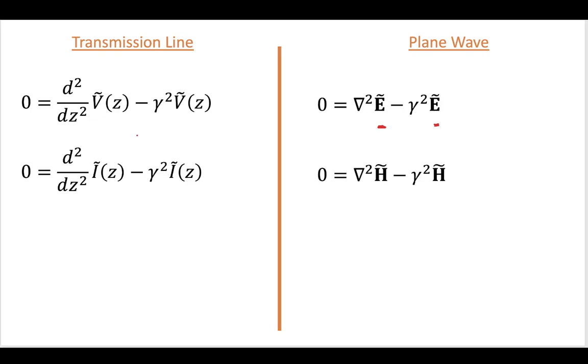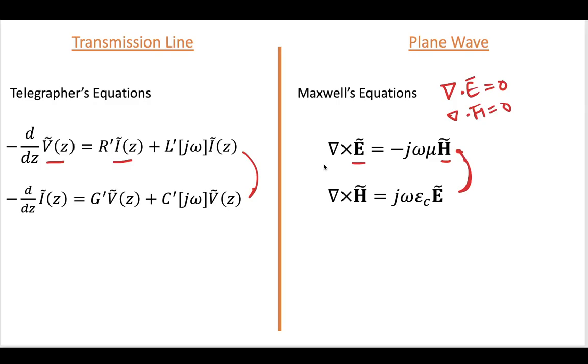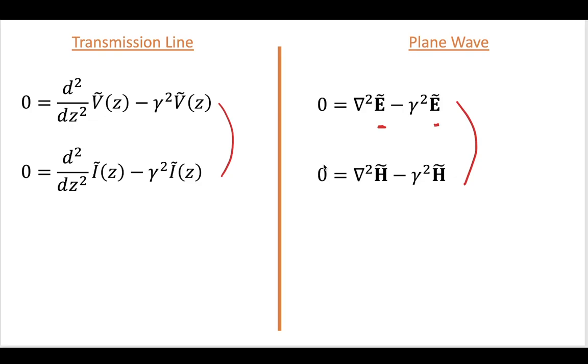We should already start to see and remember that these wave equations are closely related to that standard cosine waveform. That's another connection you should make: we can start from the telegrapher's equations or Maxwell's equations and derive these wave equations, which are closely related to those standard waves which we like to look at for phasors and the instantaneous domain.